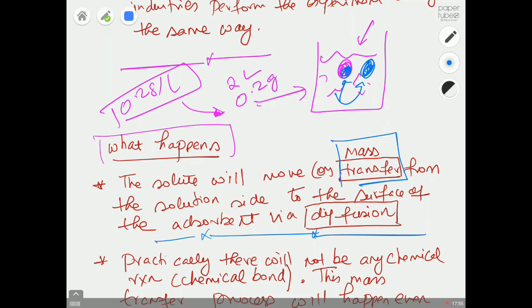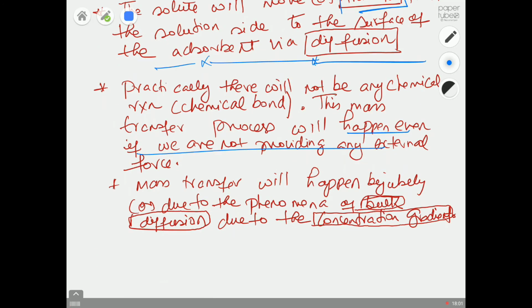Keep that in mind, and then this mass transfer will happen even if we do not provide any external force. What does that mean?